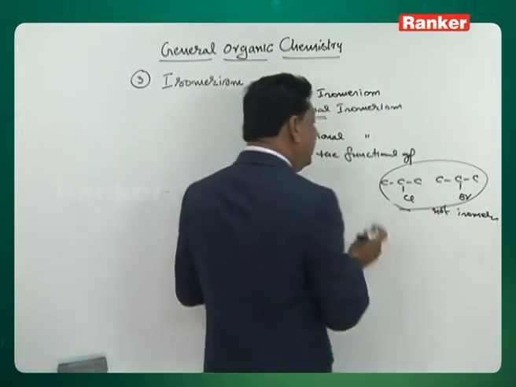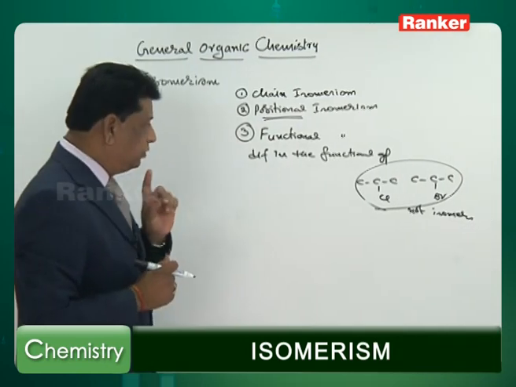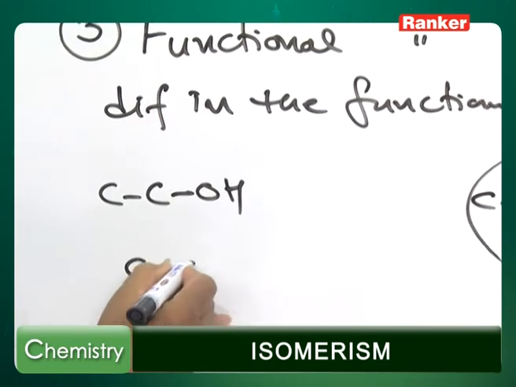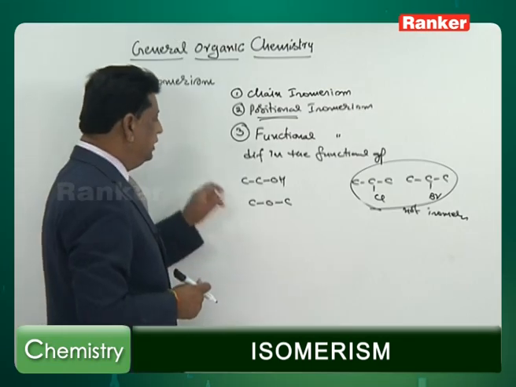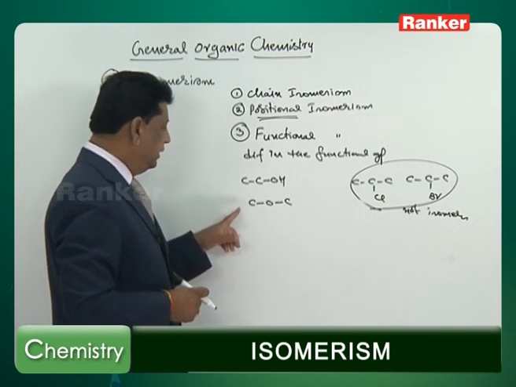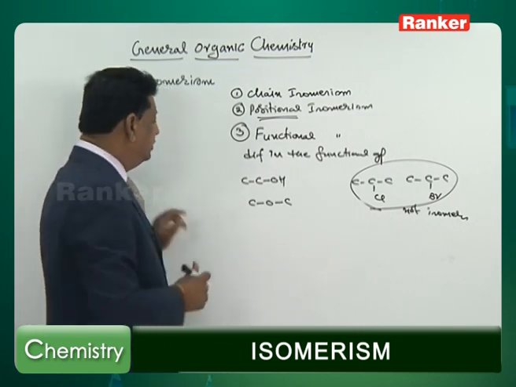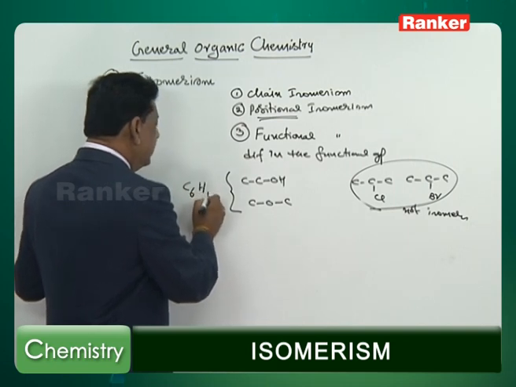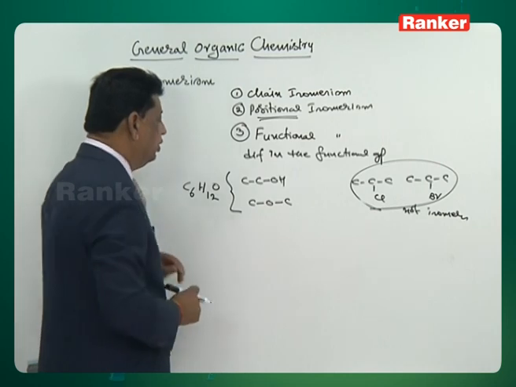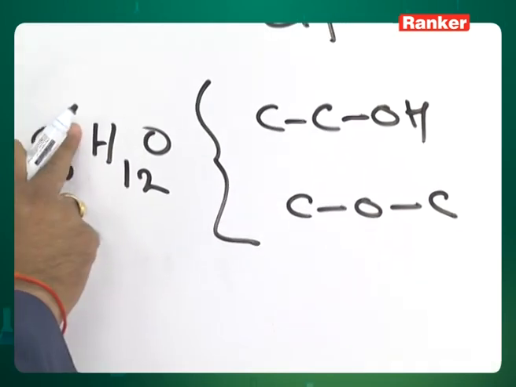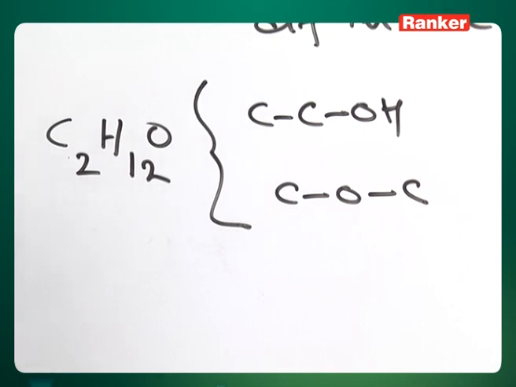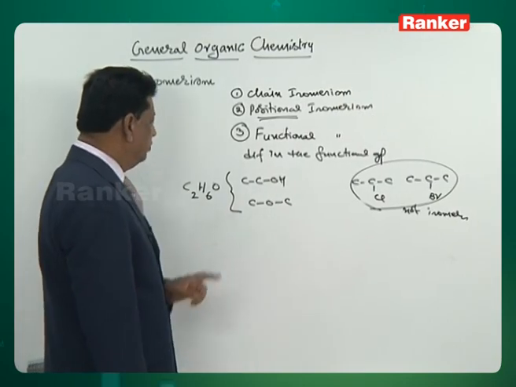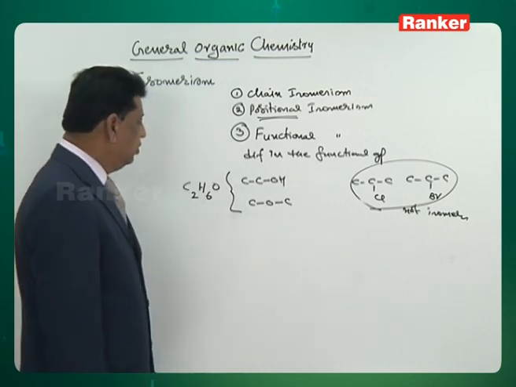Functional group means again the molecular formula should be the same, like as we have taken in the first example. One is alcohol, one is ether. The functional group is alcohol, this comes under one chapter, ether another chapter, but both are bound by the formula C2H6O.